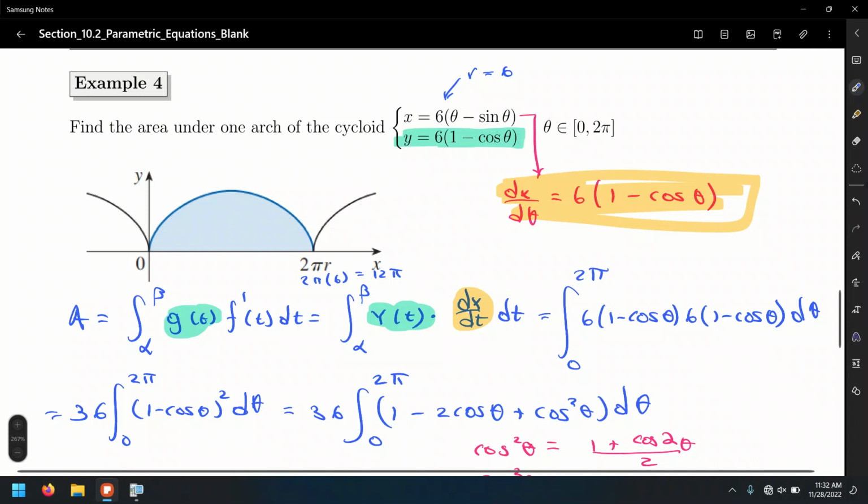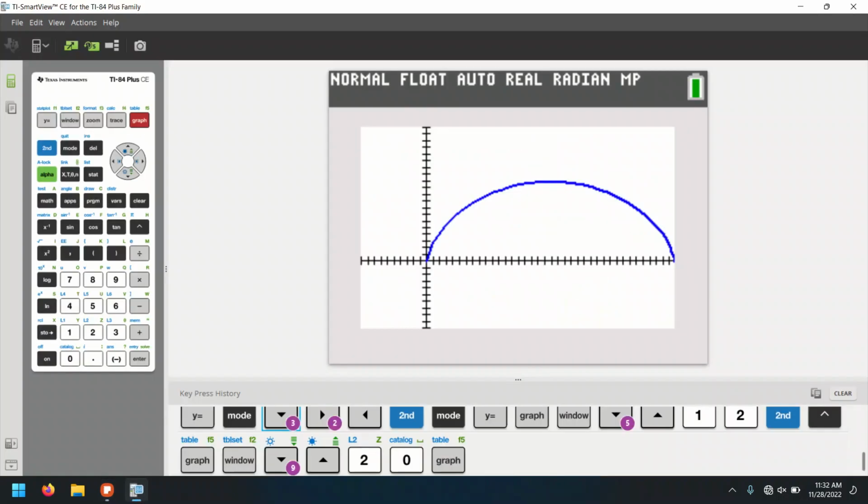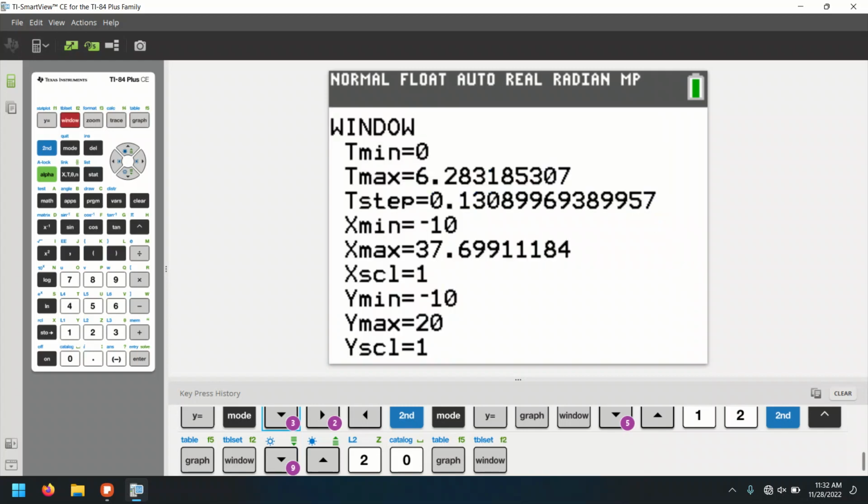So number one, I would like to set up this window for different values of t, so it graphs more cycles. In this case, it is the t. I'm going to do from 0 to multiples of 12. Let's see 3 cycles.